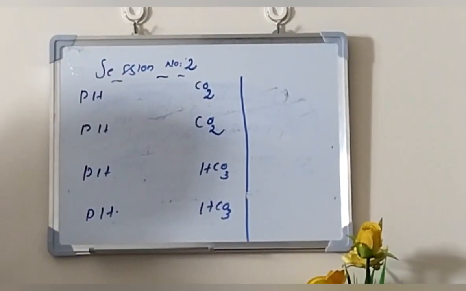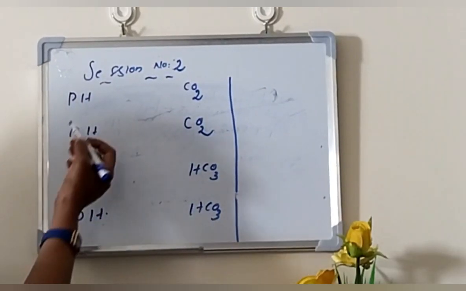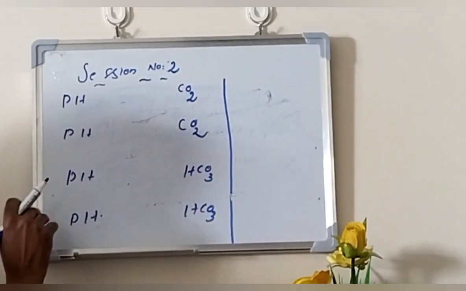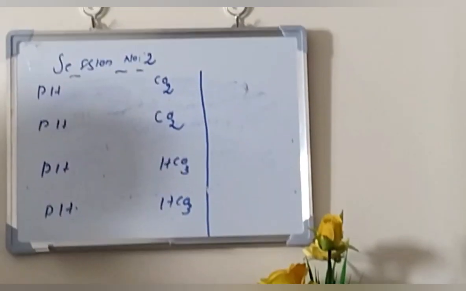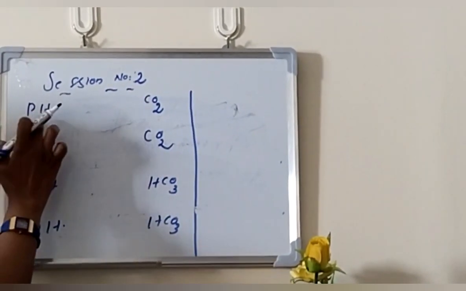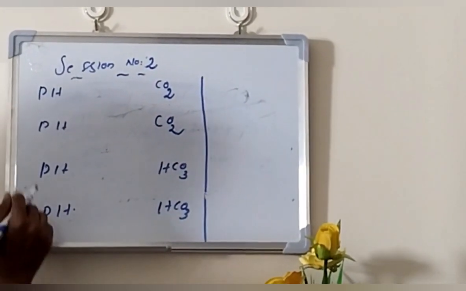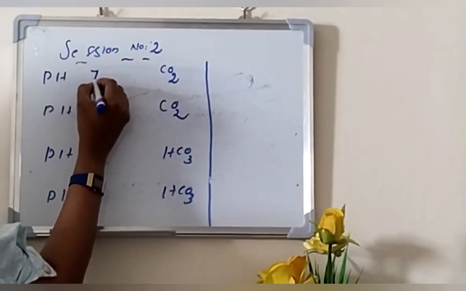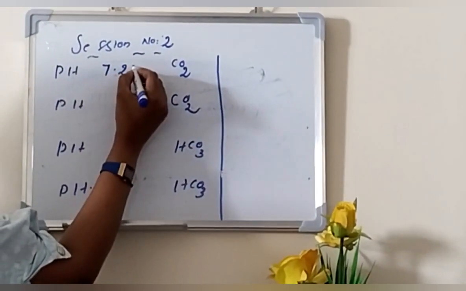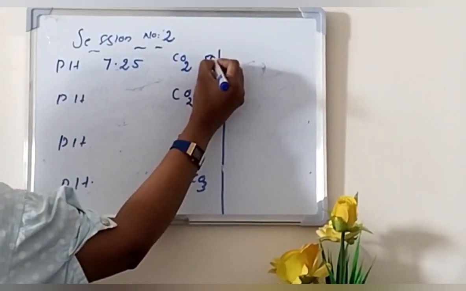Now we will see some examples of alkalosis and acidosis. Here you can see pH and CO2. Last session we discussed the normal values of different components of ABG. The pH value is normally 7.35 to 7.45. When the morning ABG is taken, pH is 7.25 and CO2 is 50 mmHg.